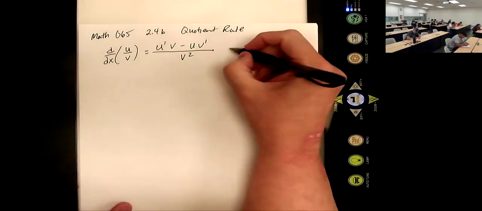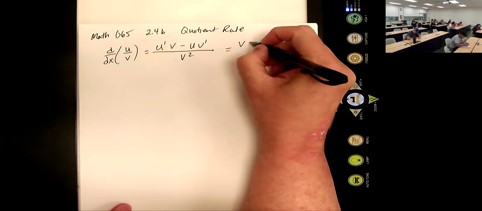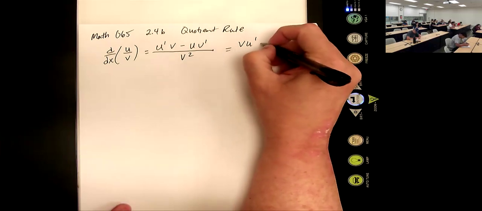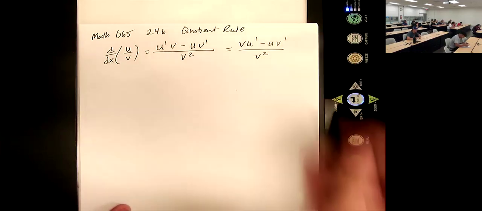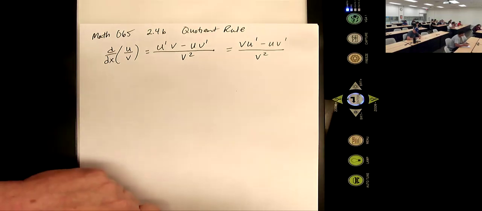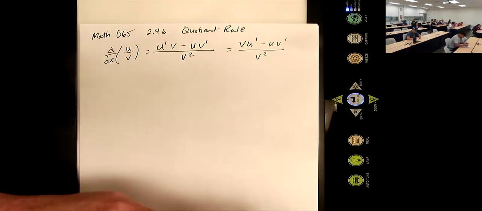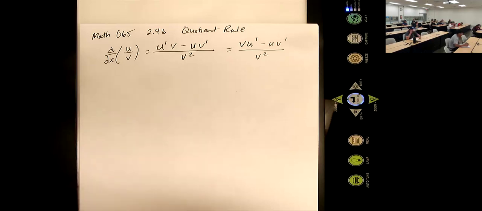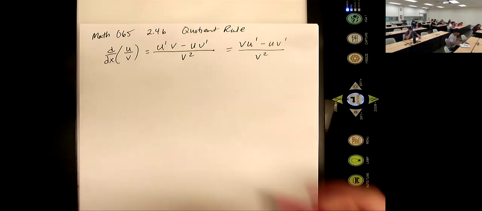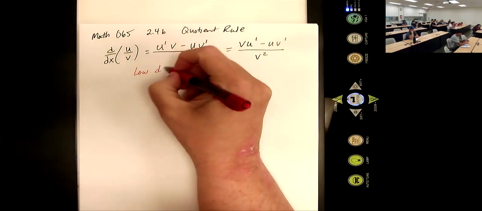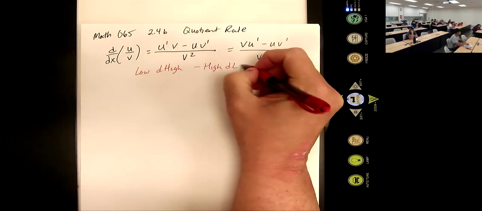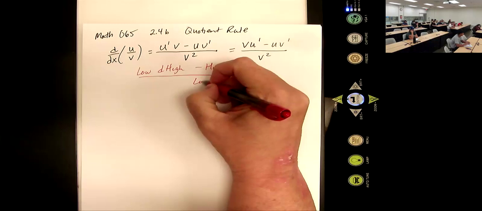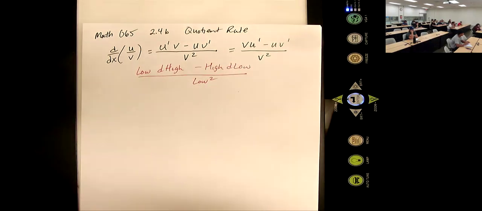The books tend to write it like this, where they just change the order of the first two, the v and the u prime. This is actually the way I learned it. It's a stupid jingle. Low d high minus high d low over low squared. But that's doing this one right there.